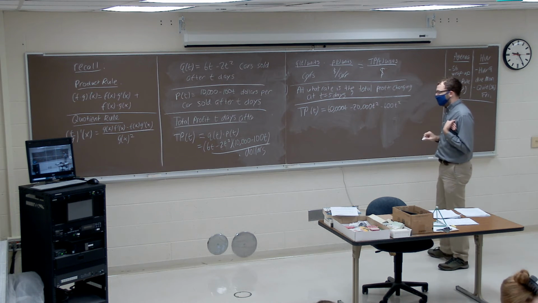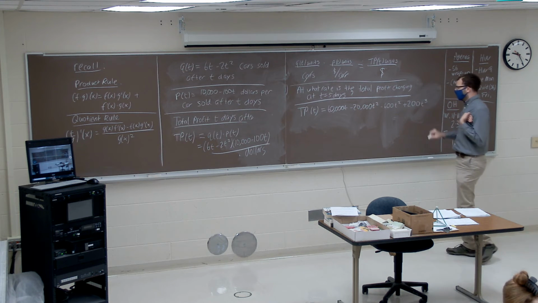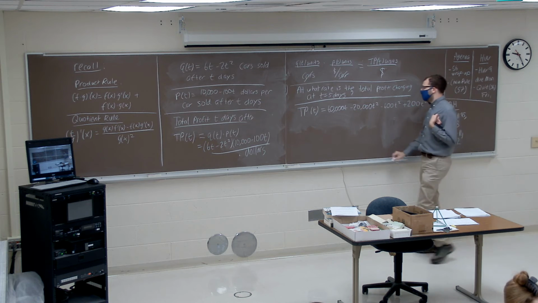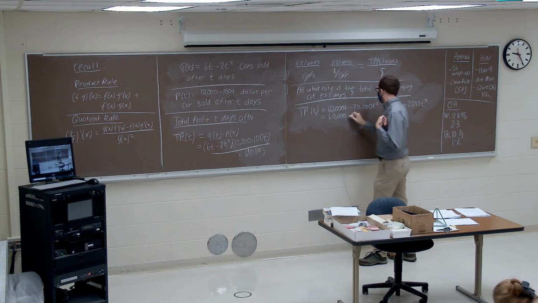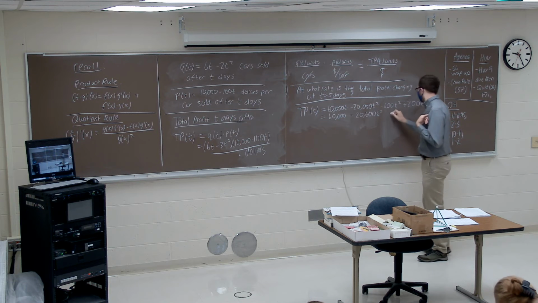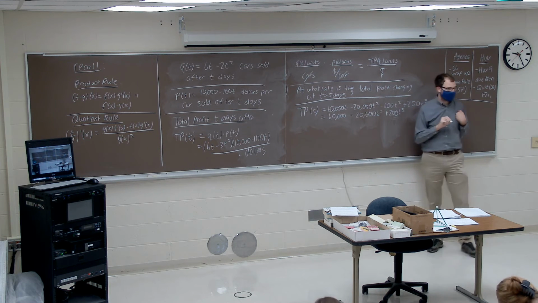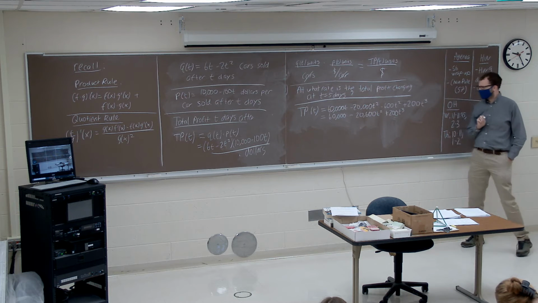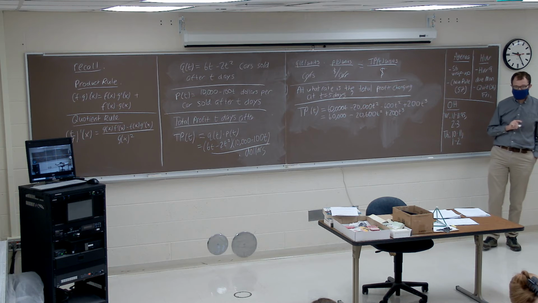And the last two terms are going to give us a what? Plus 200 t cubed. And I think we can combine these to get 60,000 t minus what? 20,600 t squared plus 200 t cubed. If we combine the minus 20,000 and the minus 600.